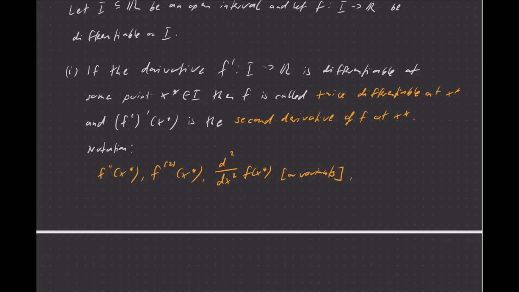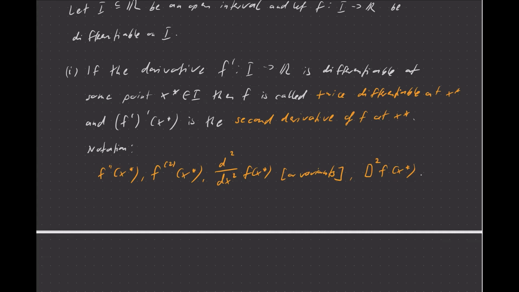One other notation that is also common is to write a capital D for the differential operator, and then capital D squared, meaning you apply the differential operator twice to the function f, and then evaluate that at x star. So that also means the second derivative of f at x star.